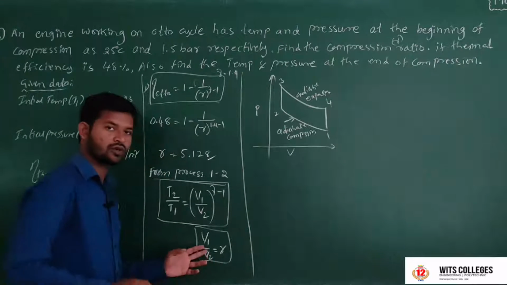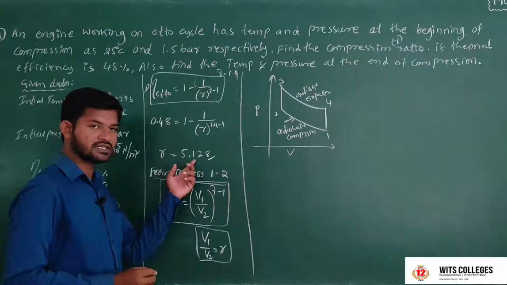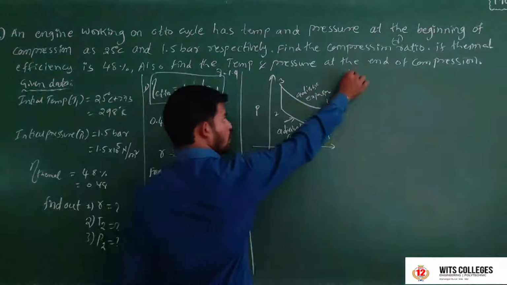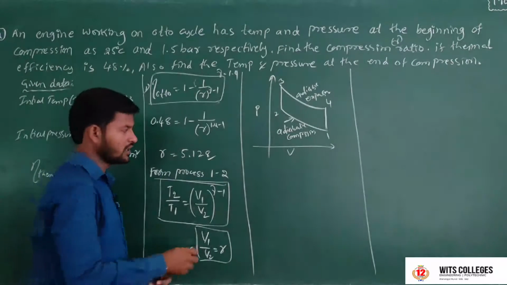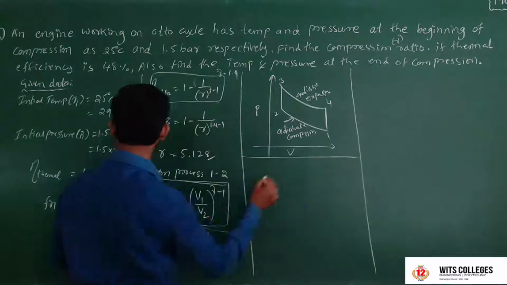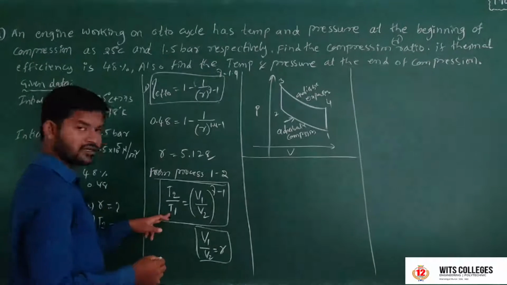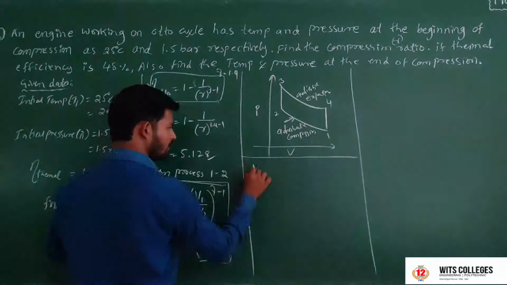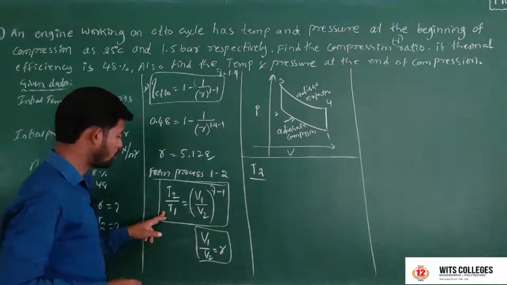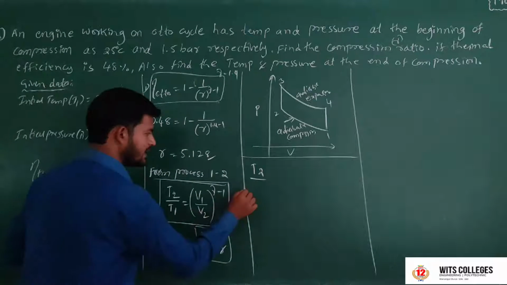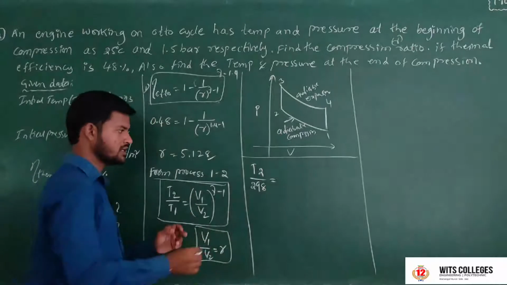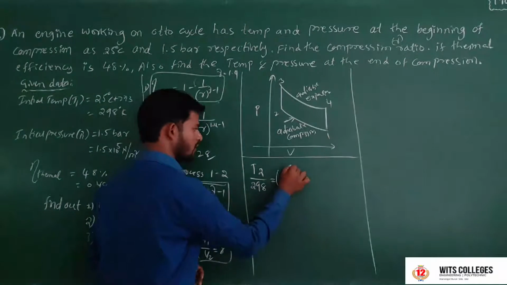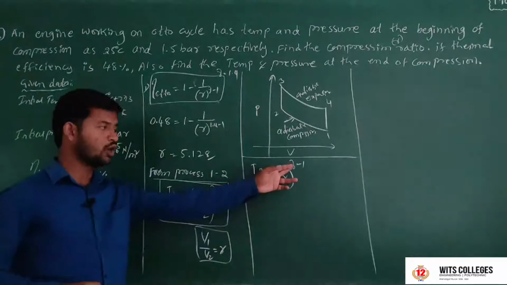We know the r value, that is 5.128. We substitute these values in this equation. T1 is also given, and we find out the T2 value. T2 by T1, that is T2 by 298, equals V1 by V2, equals r to the power of gamma minus 1, with gamma equal to 1.4.